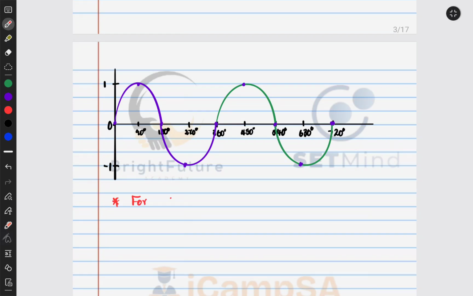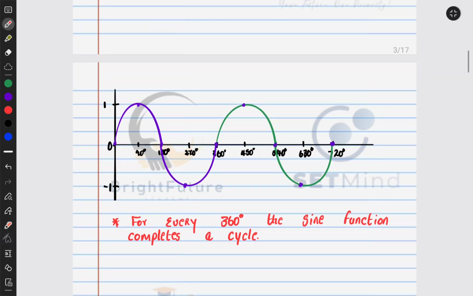For every 360 degrees, the sine function completes a cycle, and that is your period.